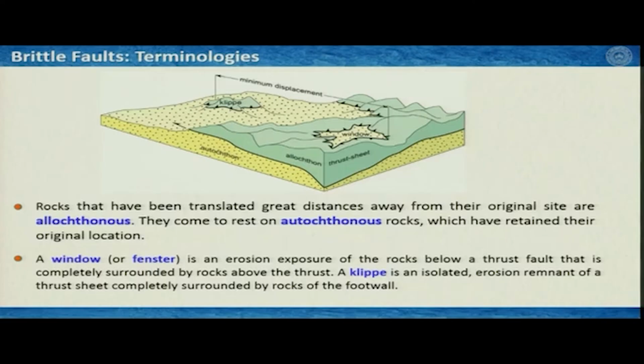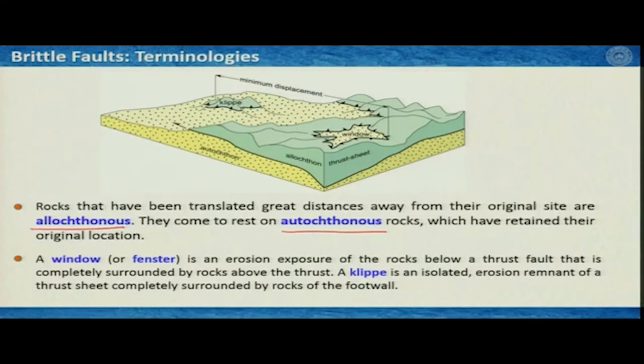If that happens, the rocks that have been translated a great distance away from their original site are known as allochthonous, and they come to rest on rocks that are actually resting on their original location, and these are known as autochthonous rocks, which have retained their original location. Now, in this context there are two other terminologies, one is window and another is klippe.